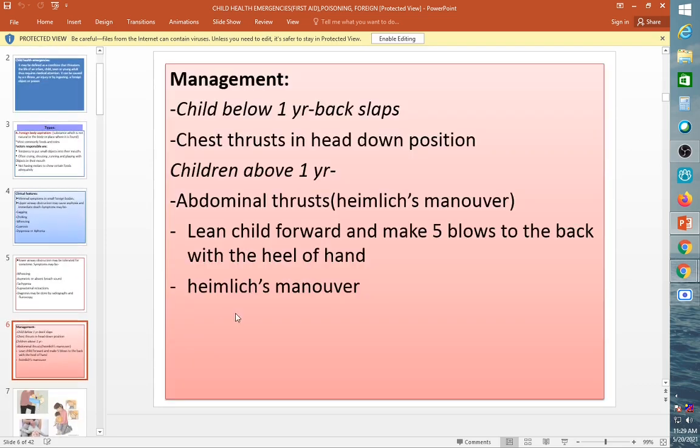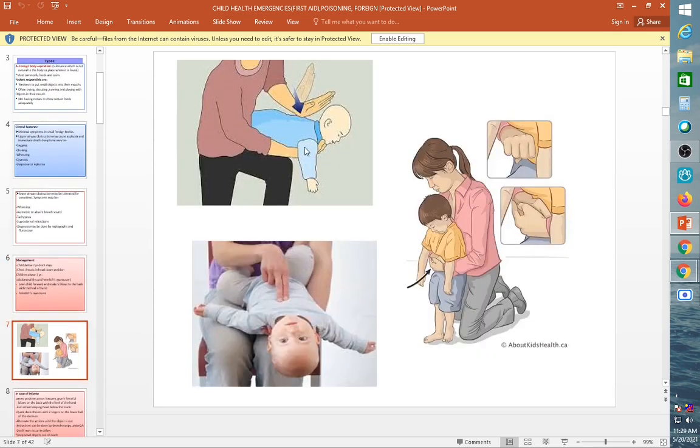Okay. So, how do you manage a case of foreign body aspiration? If the child is below 1 year, then back slap. Do you know what a back slap is? Do you see this picture? The adult is giving that.